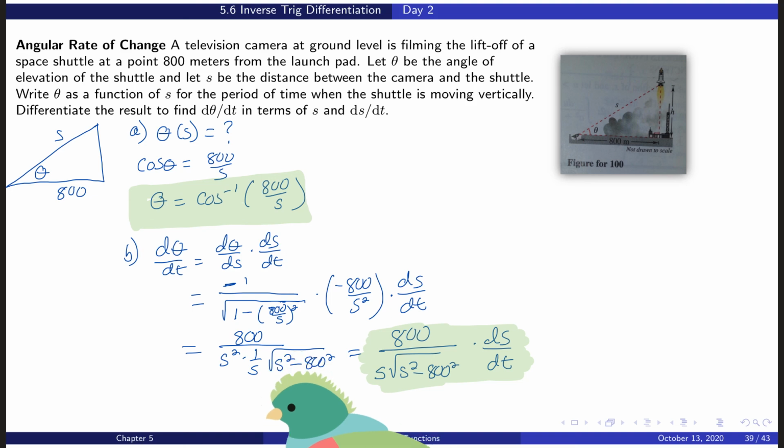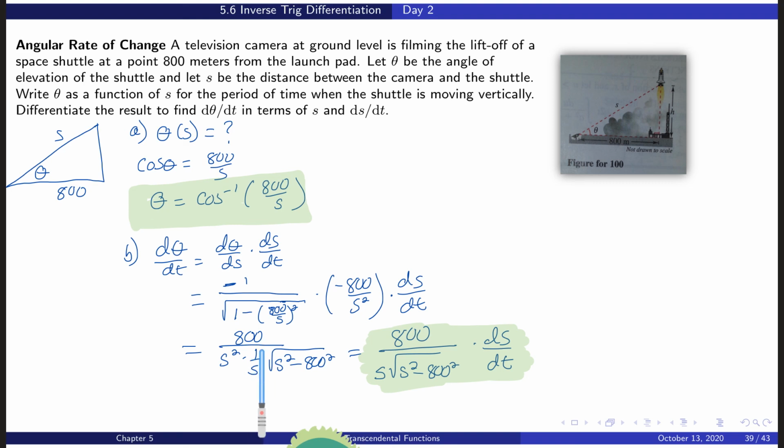So last step, we're going to do a little bit of simplifying and rearranging. Negative 800 times negative 1 is obviously positive 800. I'm going to put the s squared out front, but then I'm going to take an s squared out of this square root thing here. If I take a 1 over s squared from the inside of the square root, that becomes 1 over s, and what's left behind is an s squared, and then no denominator in this fraction here.